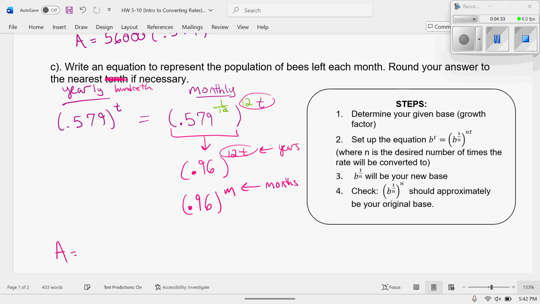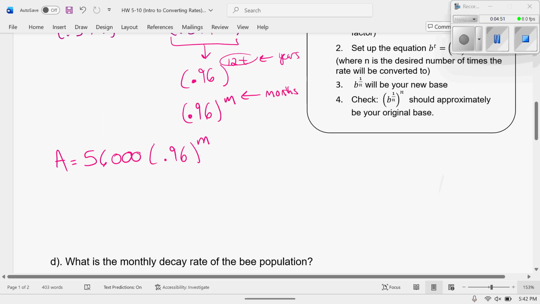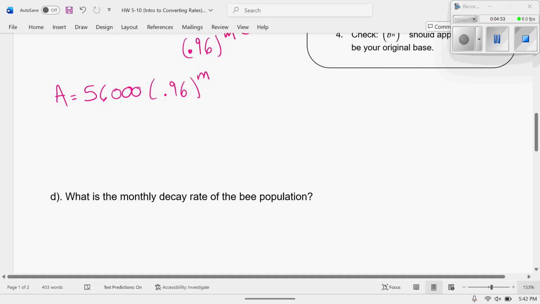Now we have A equals 56,000 bees times 0.96 to the M power for months. And if I have 6 months, instead of writing that's half a year, I could just plug in 6.